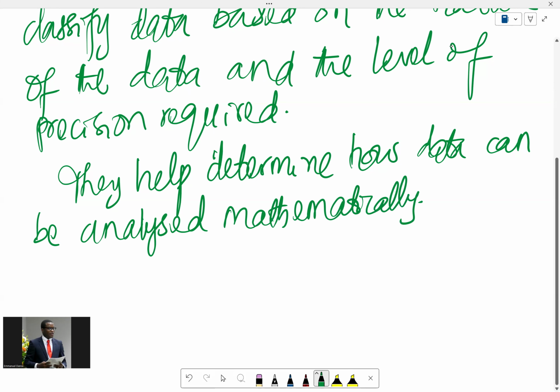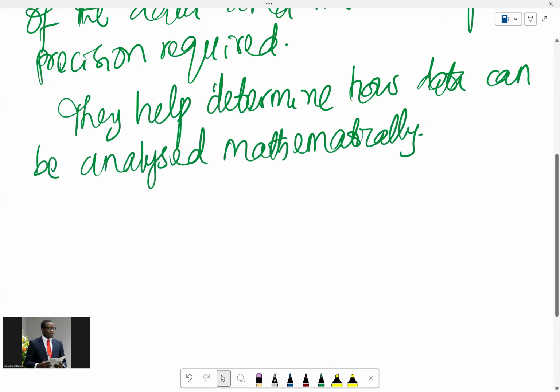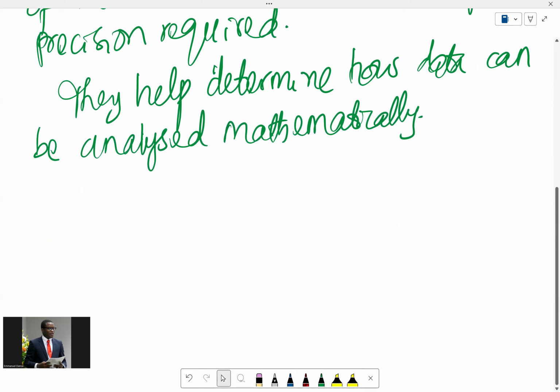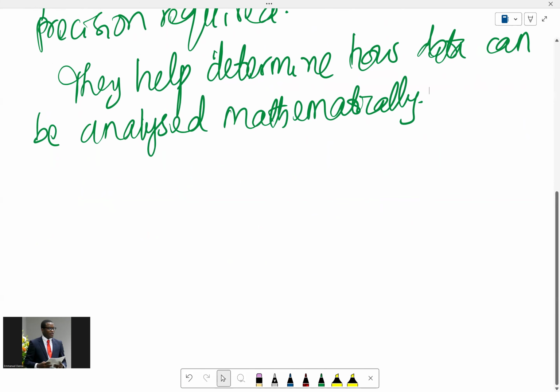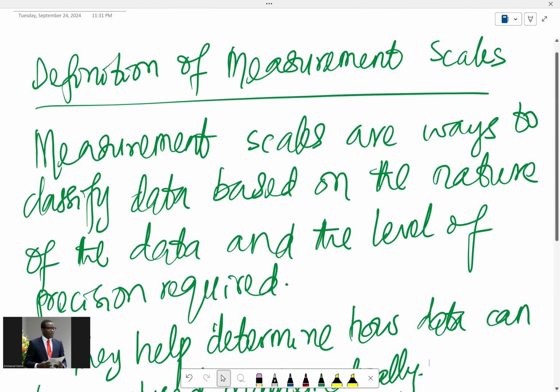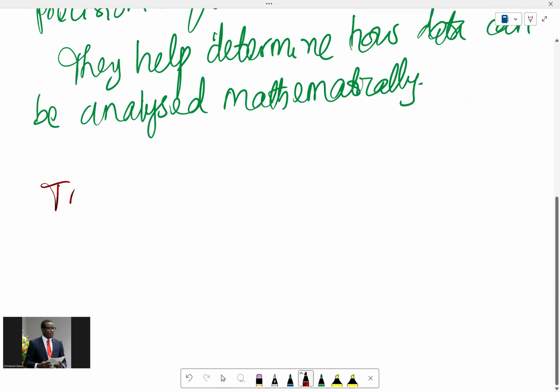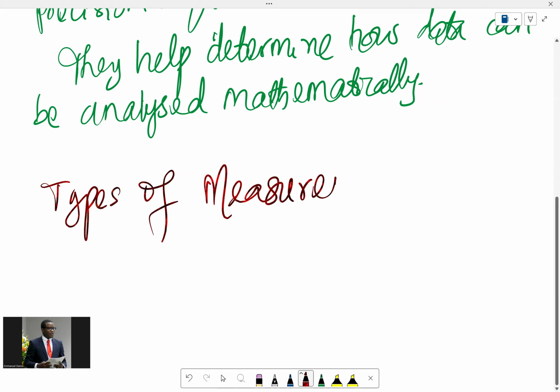All right. So, having said that, let's look at those scales and their properties. Or maybe I can just make a quick list of the scales. Types of measurement scales.